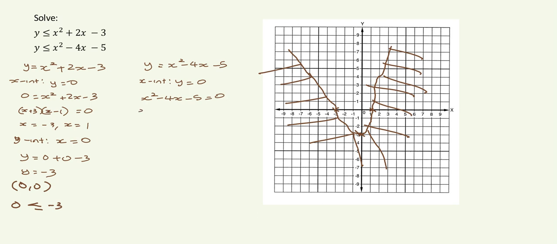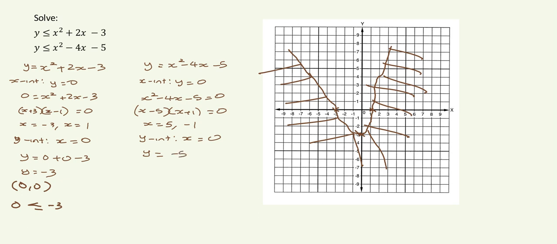So we have x minus 5, x plus 1 equal to 0. So x is 5 and negative 1. And the y-intercept, x equal to 0. So we have y equal to minus 5.